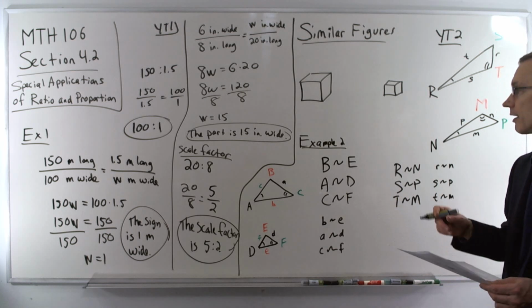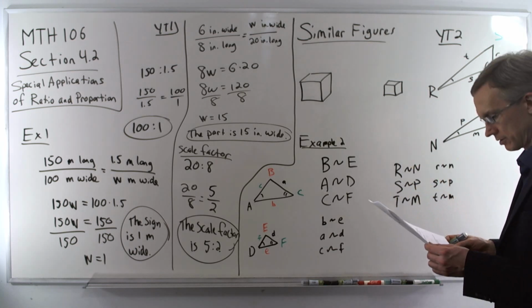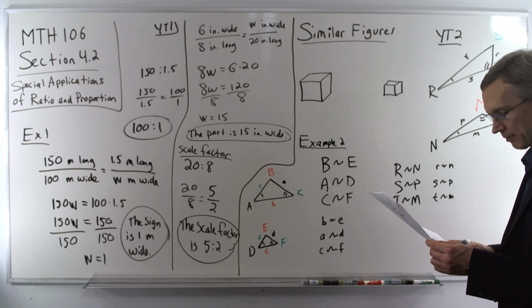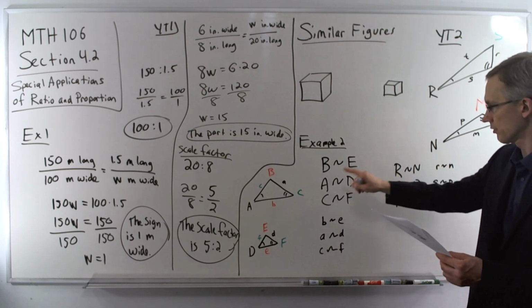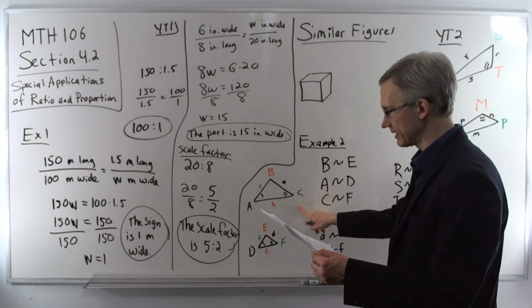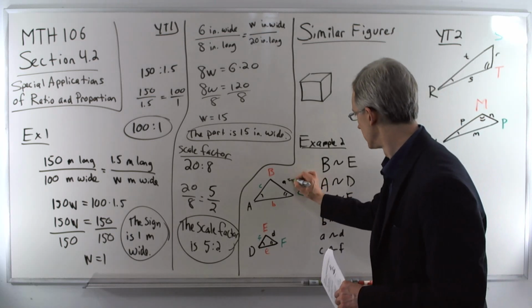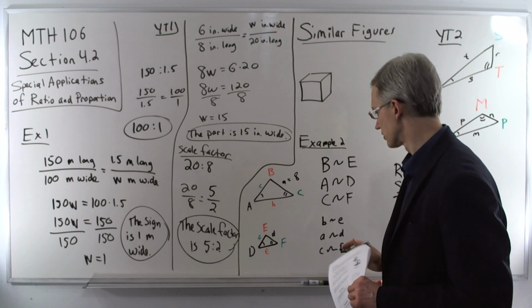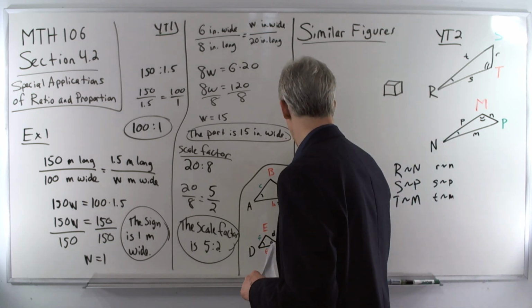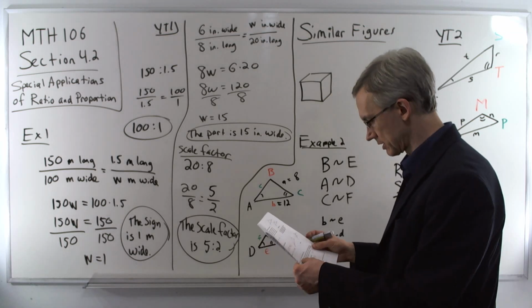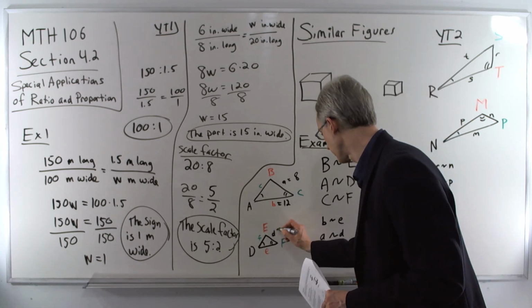So here's an example of solving a problem involving similar triangles. We're referring to figure 3. A is 8, B is 12. We have those two side lengths. D is 6, we got one down here.